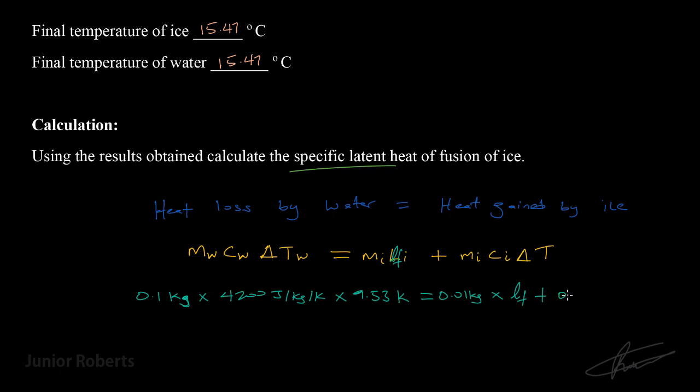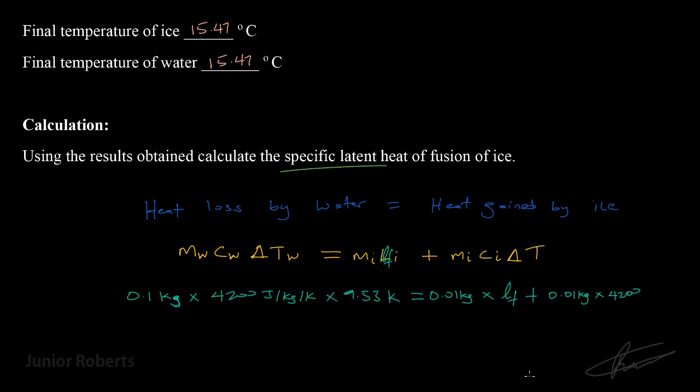So it's 0.01 kilograms multiplied by the specific heat capacity of water, because it's the melted ice, so we have 4,200 joule per kilogram per Kelvin, and that will also be multiplied by the change in temperature of the ice.